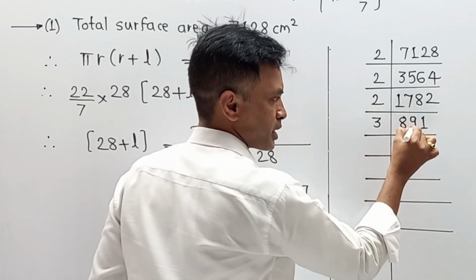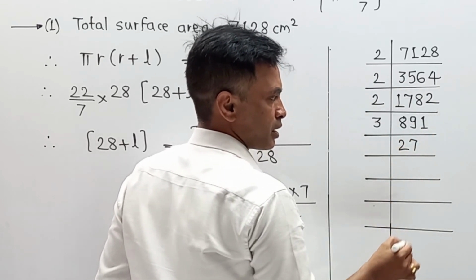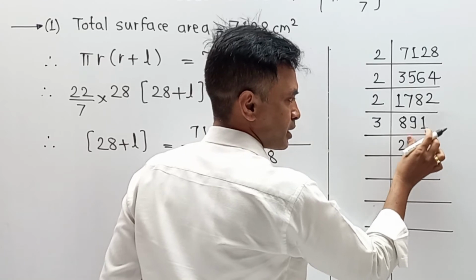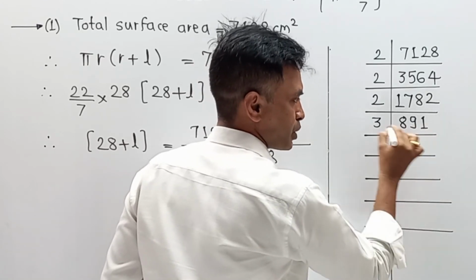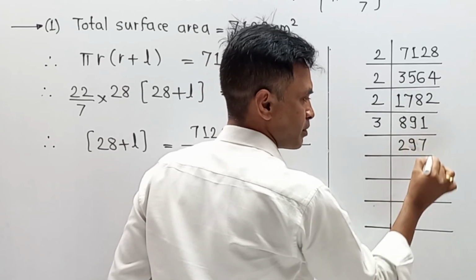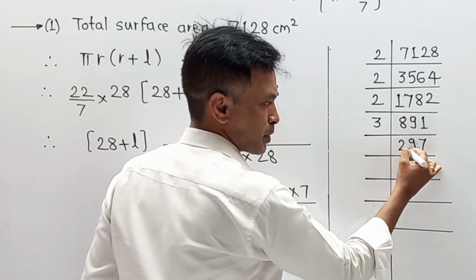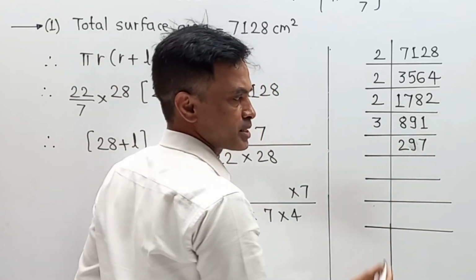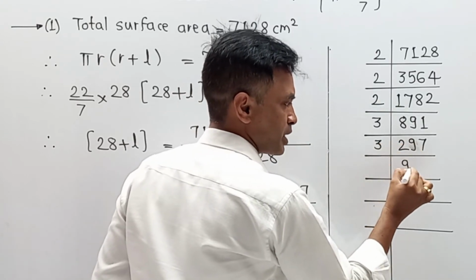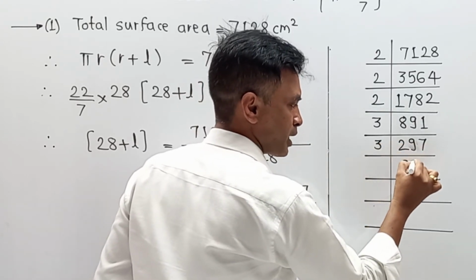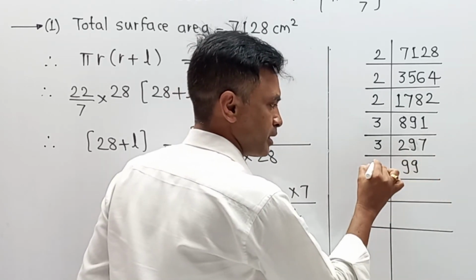3 2s are 6, carry 2, 29. So 3 9s are 27, carry 2, 3 7s are 21. So the next part is again 7 plus 2, 9, plus 9, 18, means this number is divisible by 3. So 3 9s are 27, carry 2, and again 27, means 3 9s are 27, again dividing it by 3.